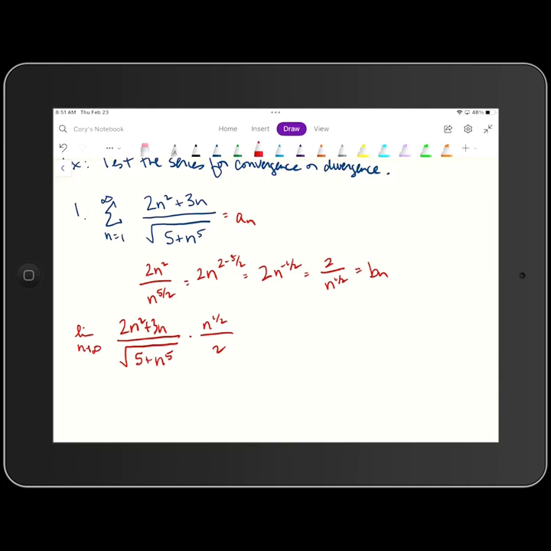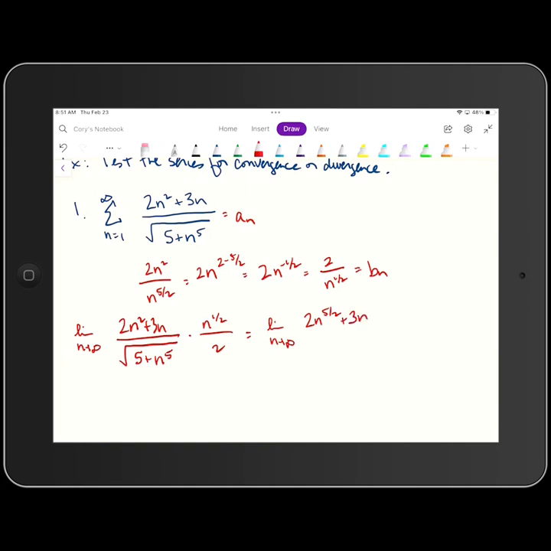And then when I multiply, we get the limit as n goes to infinity of 2n to the 5/2 power plus 3n to the 3/2 power over 2 times the square root of 5 plus n raised to the 5th power.